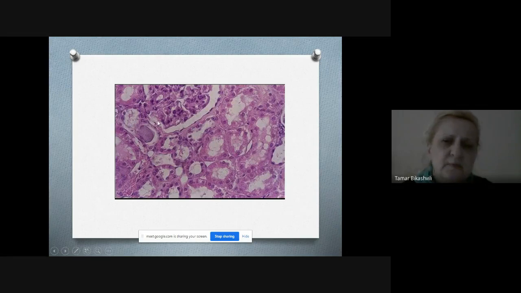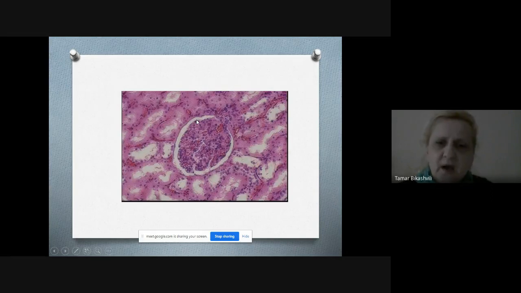And this is the glomerulus. You can see the flat cells of the parietal layer. This is the Bowman space, then the capsule, but we can see here only the parietal layer, and the visceral layer is on the capillary tuft. This part is the vascular pole, and this is the tubular pole.